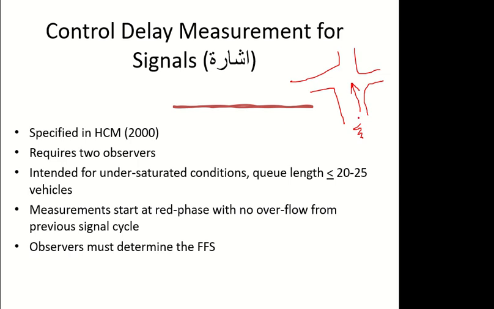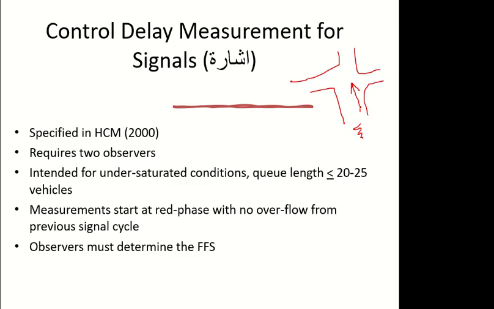You can find out the free flow speed for this highway at some other location. It's the same highway, but I will not do it at this location because this location has a signal. People will not travel at free flow speed when they are approaching the signal, because they know that signal could be yellow or green or whatever, or there could be a queue.